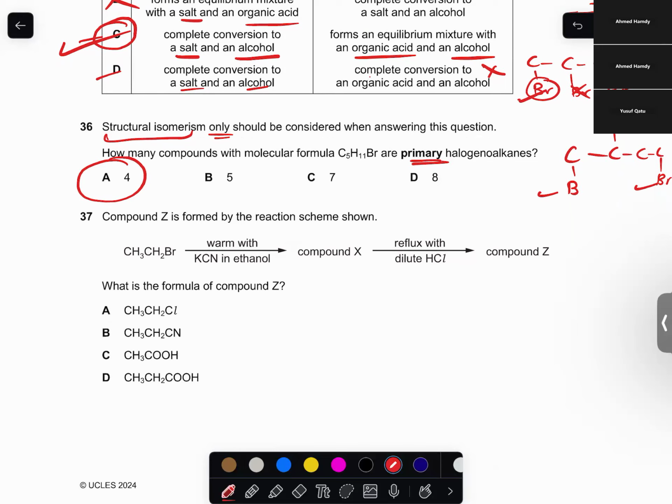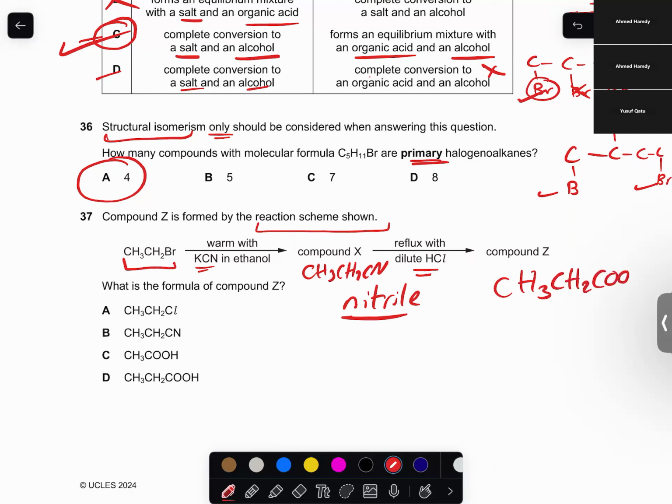Compound Z is formed by the reaction scheme shown. CH3CH2Br with KCN in ethanol gives CH3CH2CN. With dilute acid, the nitrile becomes a carboxylic acid, so it becomes CH3CH2COOH in the presence of acid.